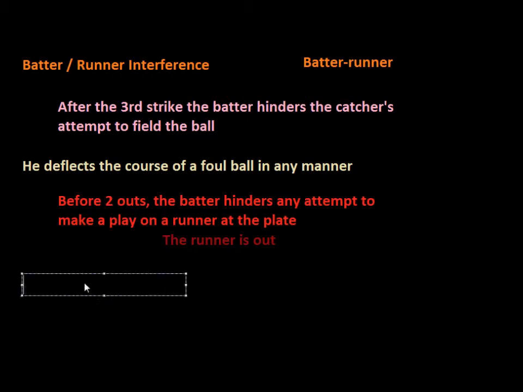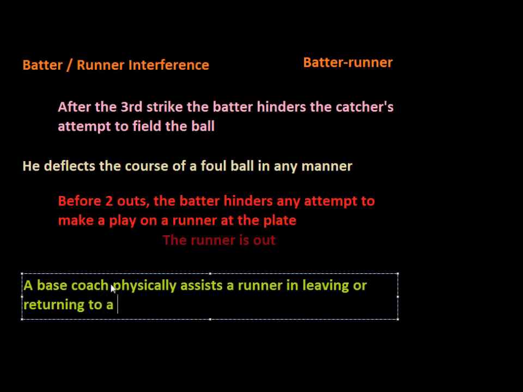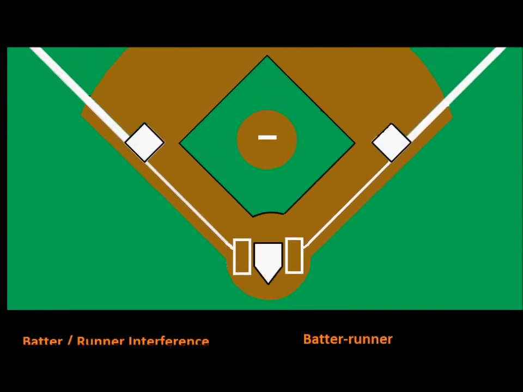Obviously he's there to assist by yelling things, yelling directions, but it's a key thing that he's physically assisting the runner in leaving or returning to a base. That's part of the rule.